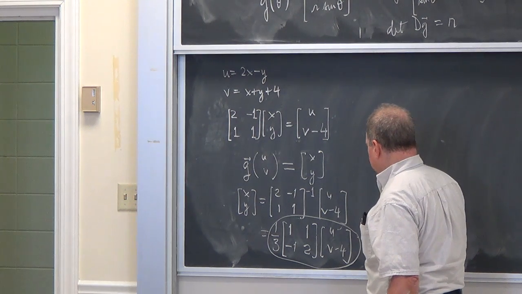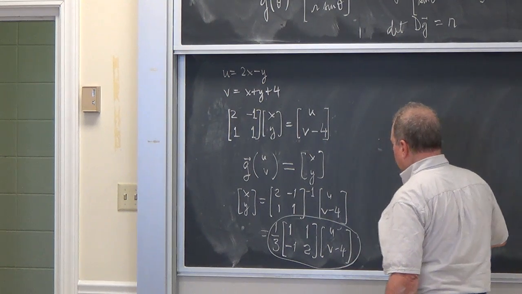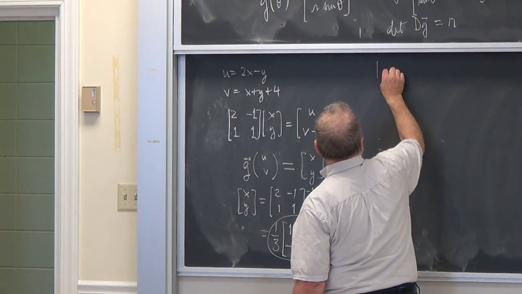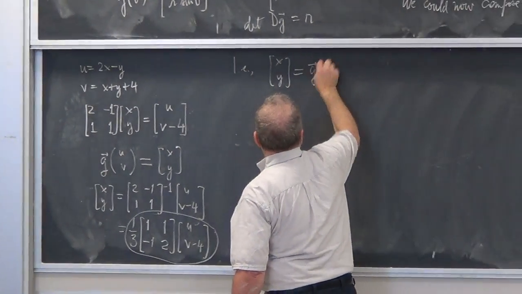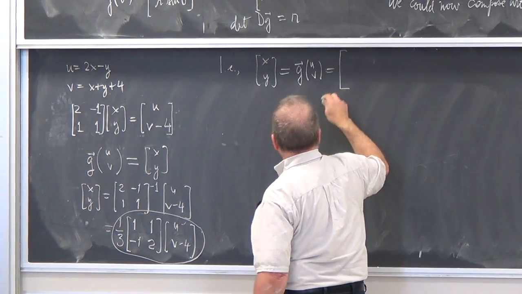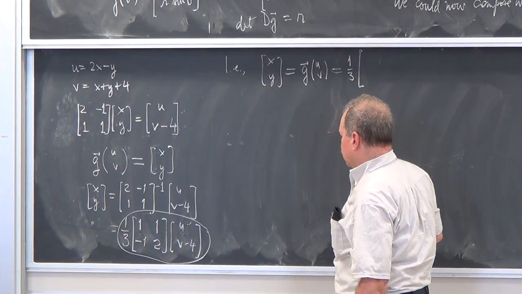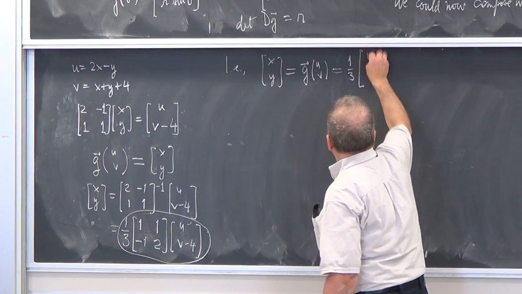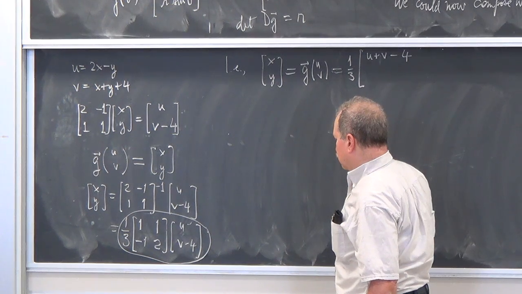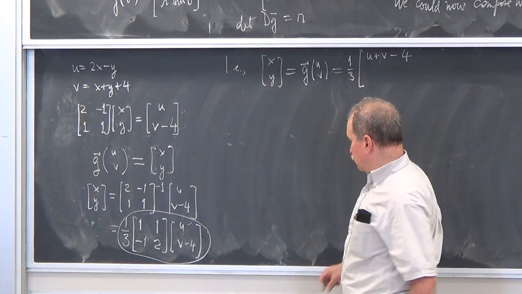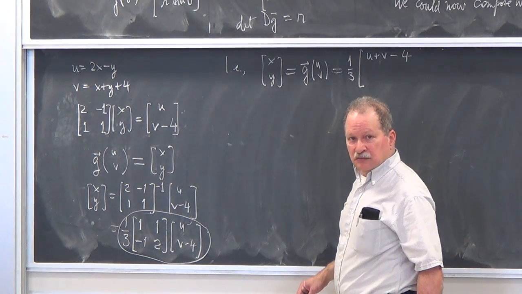So we pull out 1/3 and the matrix. In particular, if you want to write it out carefully and without matrices, you'd have 1/3 factoring out, and what's x? U plus v minus 4, and what's y? 2v minus 8 minus u.